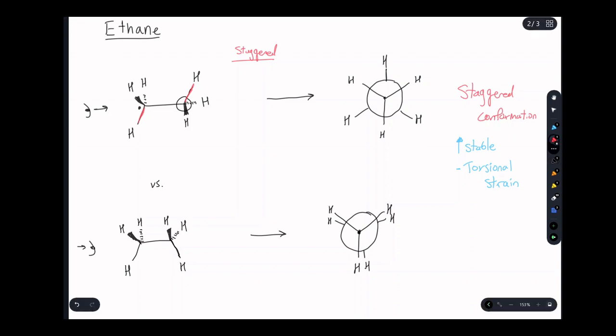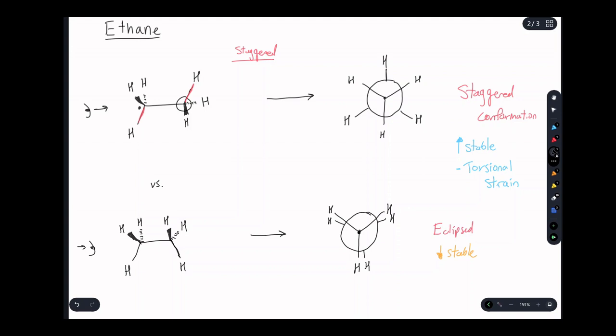Again, these aren't perfect overlaps, but when we draw them side by side like this, it's assumed that we're discussing a perfect overlap. And so this is the eclipsed conformation, which is less stable. Now we'll talk about why in a moment.